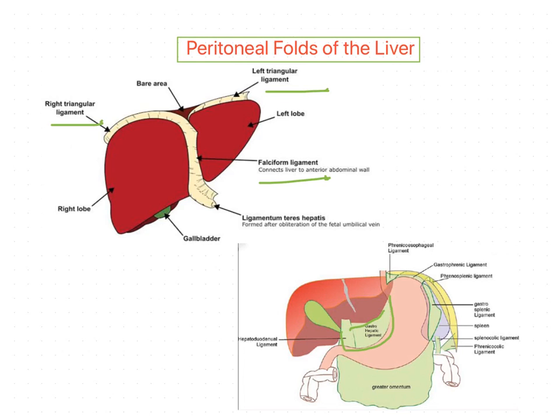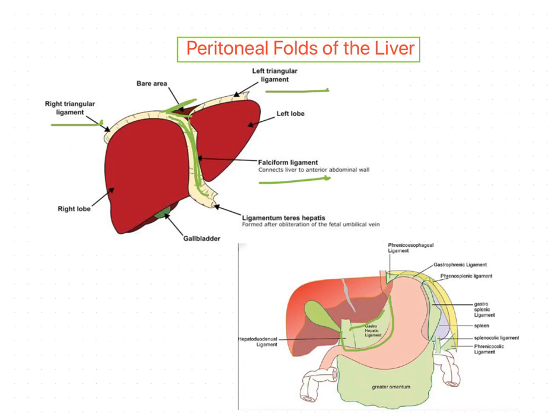Now we will see where all these ligaments are attached. The first one is the falciform ligament. It is a sickle shaped fold which stretches from the liver to the diaphragm and the anterior abdominal wall.